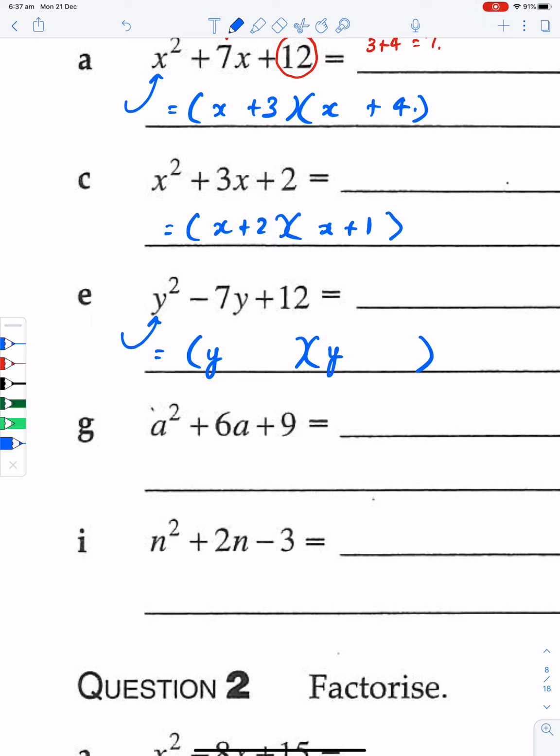A negative times a negative is a positive, and a negative plus a negative is a negative. So our special numbers are going to be minus 3 and minus 4, because minus 3 times minus 4 is 12, and minus 3 plus minus 4 is minus 7.